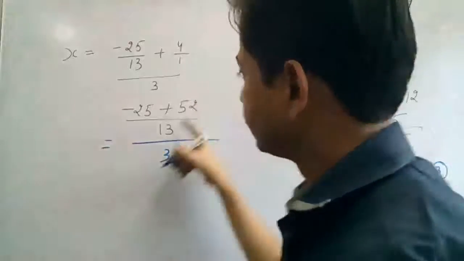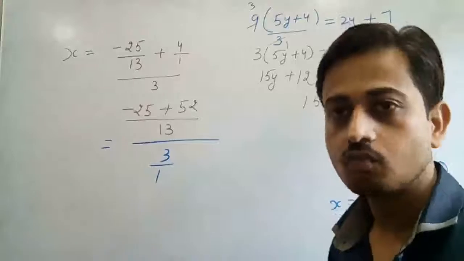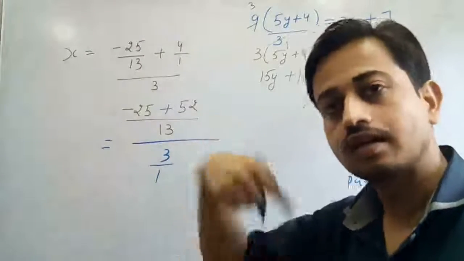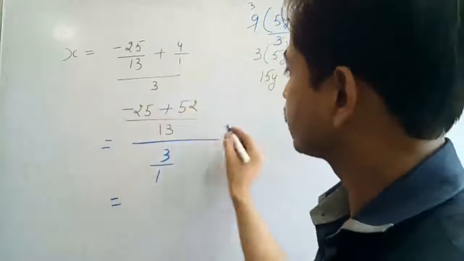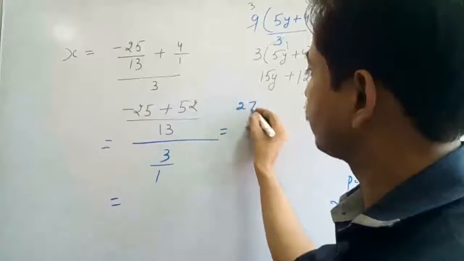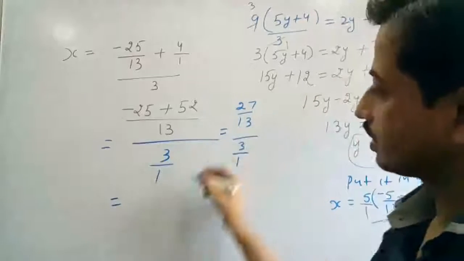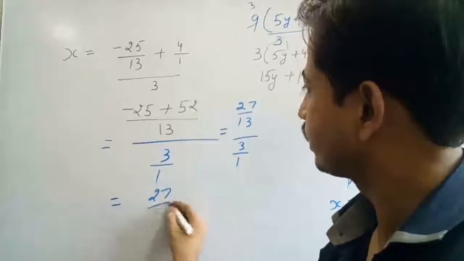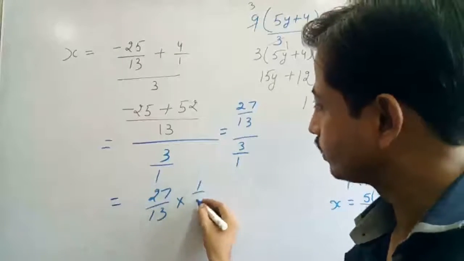As we already know, this is in terms of rational. To make it also rational, what you have to do? You have to do the reciprocal of the denominator part. Minus 25 plus 52 we get 27 by 13, and here we get 3 by 1. Now do reciprocal, and it becomes 1 by 3.